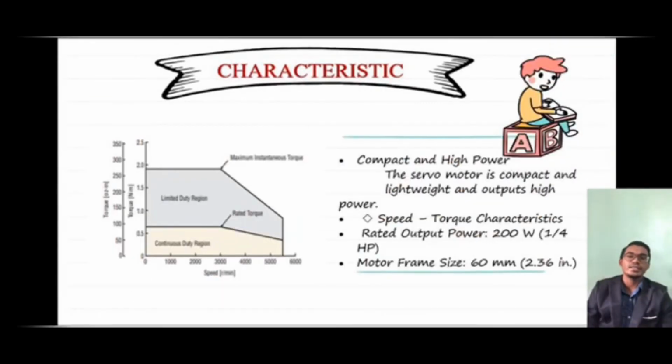On these slides, we can see the characteristics of the servo motor. The servo motor is a compact, high power, and lightweight motor. The standard power output from this motor is 200 watts, and the standard motor frame size is 60 mm.